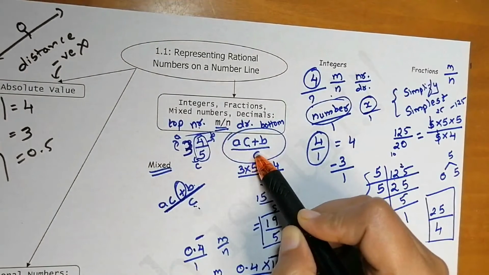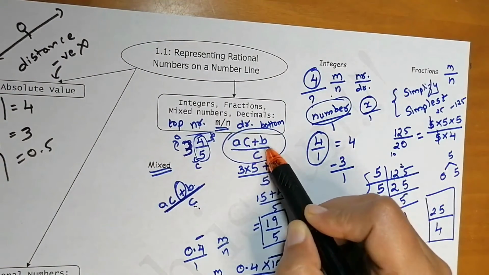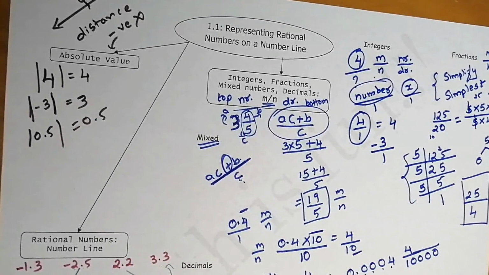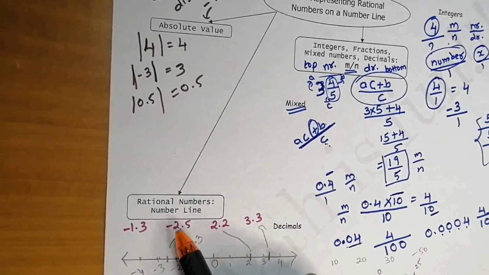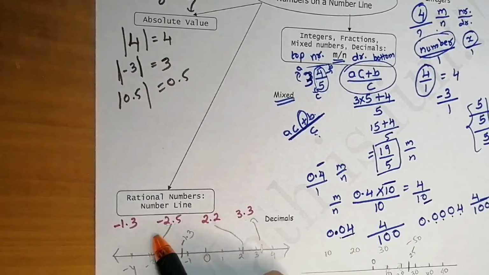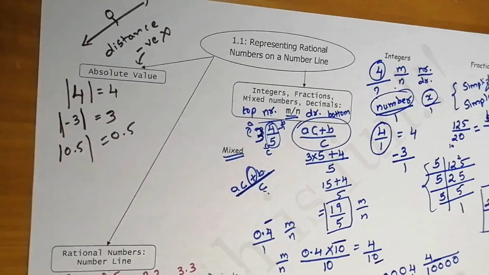Do you remember this formula? Yes, let's say it once: (A×C + B) over C. Okay? And finally, you have these rational numbers on the number line. So you decide your scale based on the units that you need to mark. Okay? So this is all about this chapter.